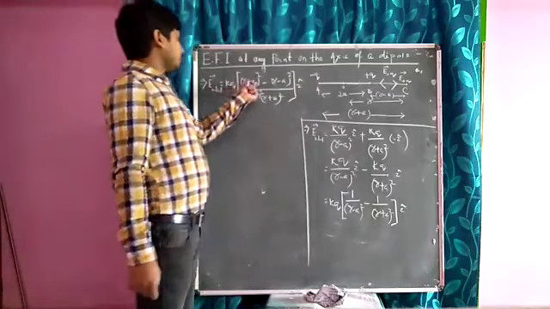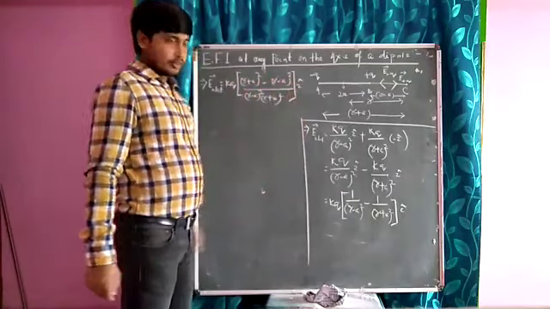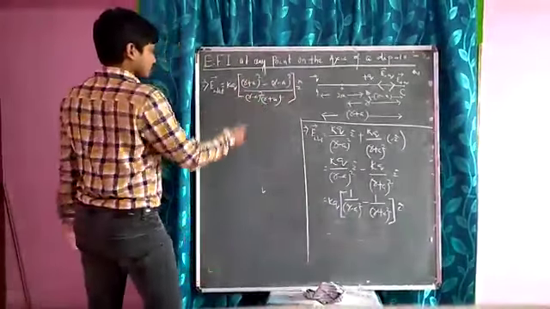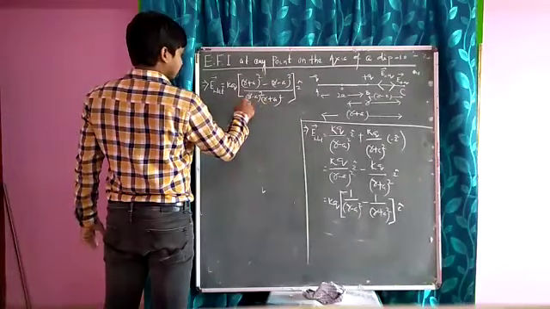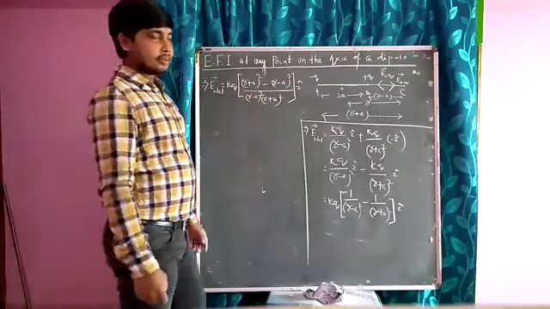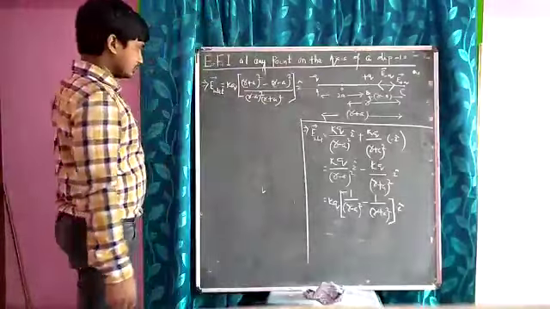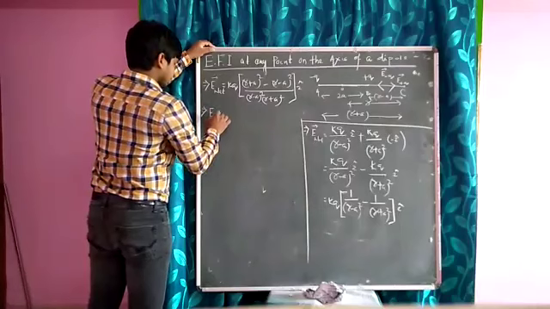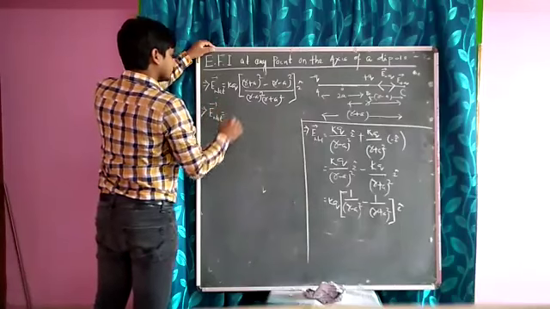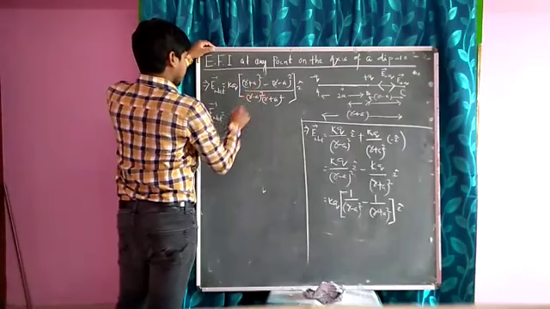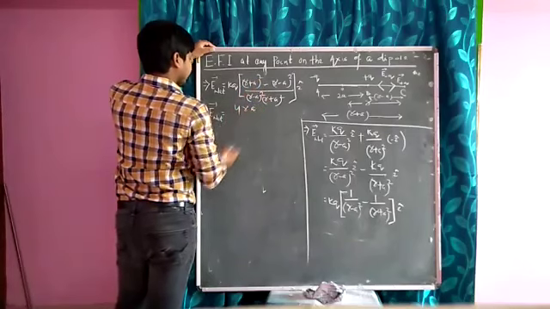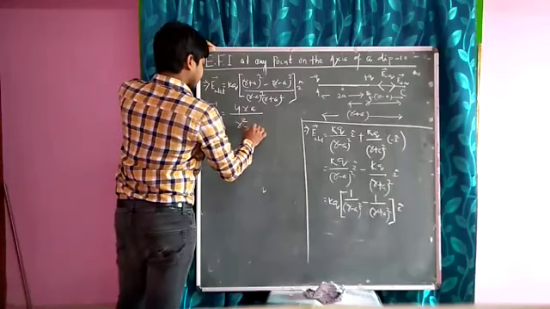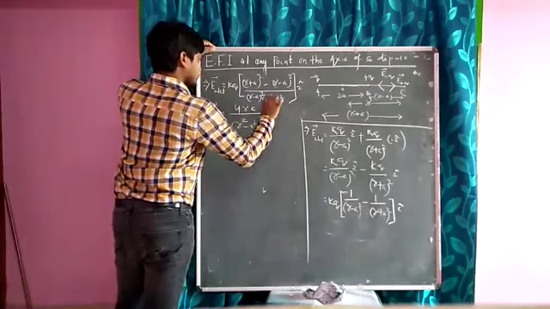And we know that A plus B whole square minus A minus B whole square is simply 4AB. And this will be what? A plus B into A minus B. We know that A plus B into A minus B is A square minus B square. So I can say that E net will be equal to 4AB, 4R into A divided by R square minus A square whole square into I cap.